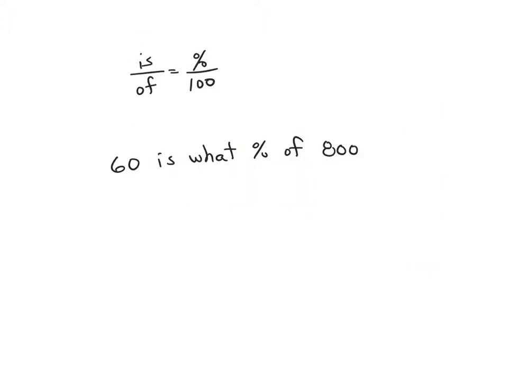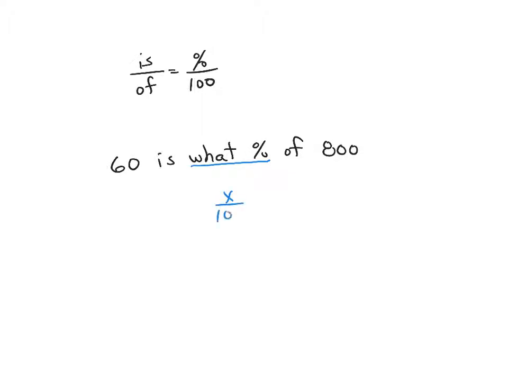Here's another problem. Before I go through and set up the proportion, why don't you turn this off, set up the proportion yourself, and then turn it back on and see if you have the same proportion. Okay, hopefully you've gone through and set up the proportion. Perhaps you've even solved it. I have 60 is what percent? I don't have a number attached with the percent.